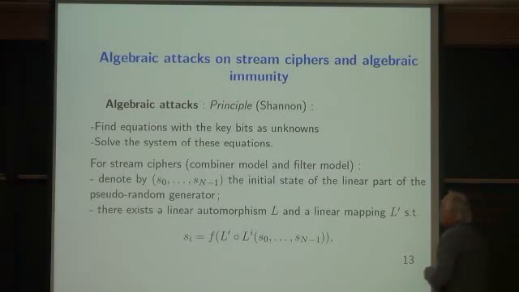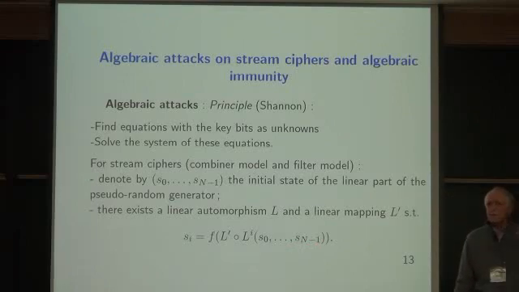But a very nice idea for stream ciphers was found by Meier and Courtois. They observed that if you call S0, ..., Sn-1, for instance, the initialization of the linear part of the pseudo-random generator. This linear part is either several LFSRs or a single one, but it has a starting state, an initial state, and you call it like that.